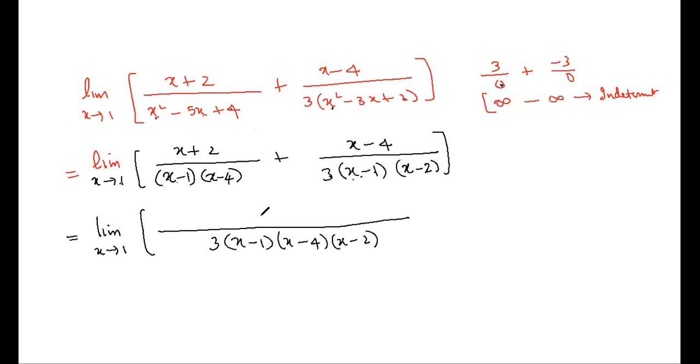Now you tell me, to make this denominator same as this, I need to multiply numerator and denominator by which terms? Which are the terms? 3 and x minus 2. To make this denominator same as this, I should multiply with x minus 4.